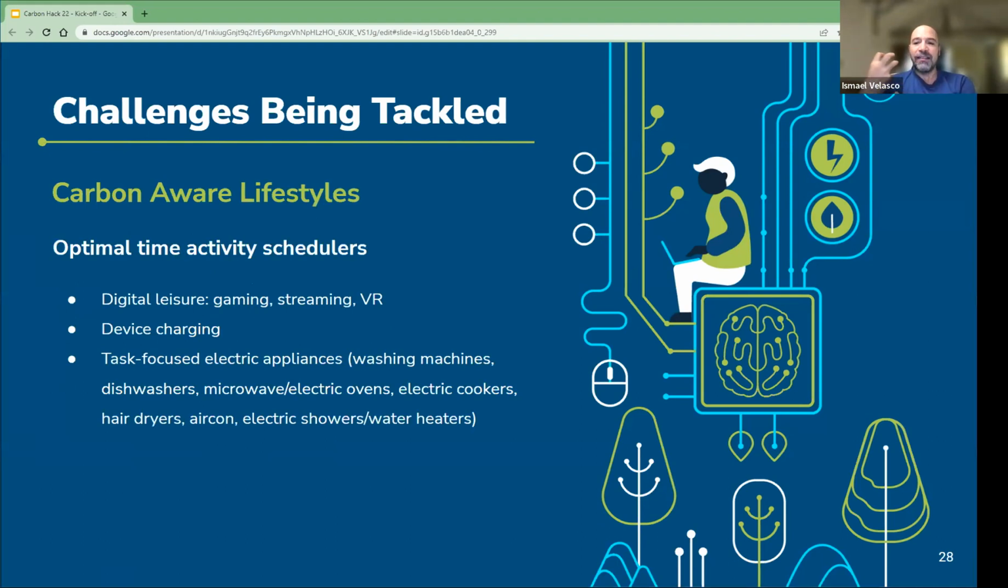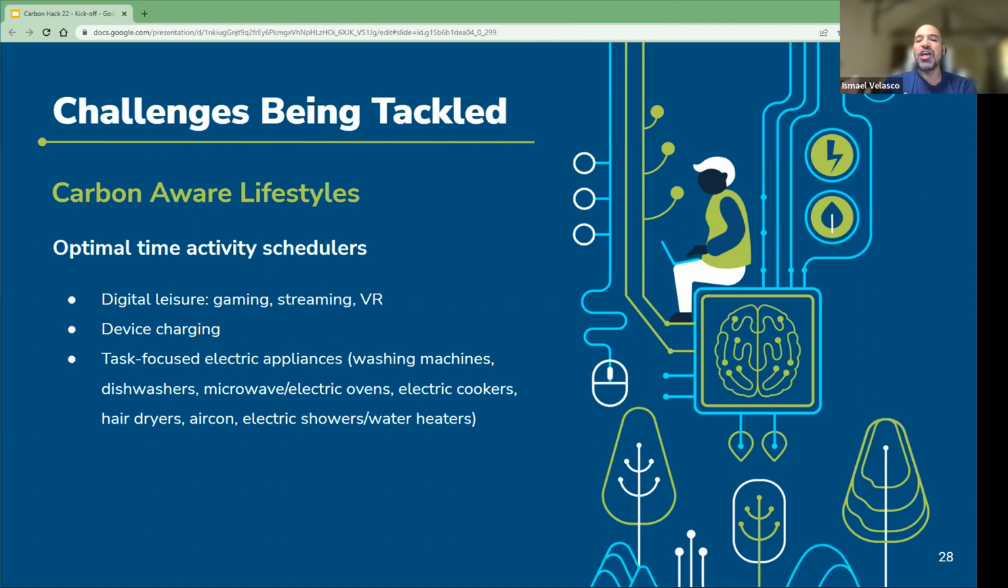Carbon aware lifestyles: empowering consumers, users and individuals to live a carbon aware life, regardless of what the platforms are doing. You may not be able to control how much data is consumed by a video or a game or your VR set or the metaverse, but you can control when you consume those things. So schedulers that tell you now is a good time to game if you want to have fun and be green at the same time.